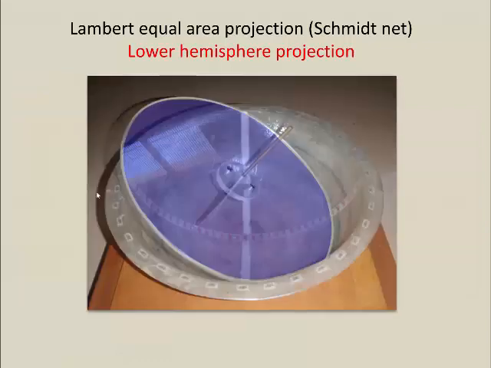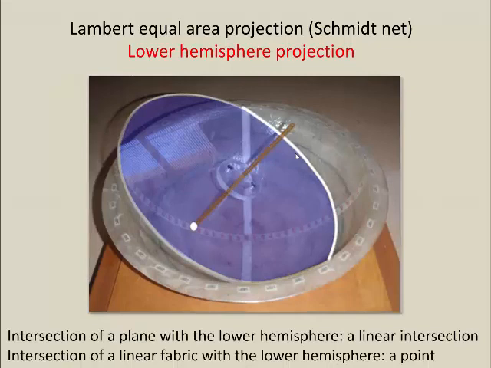So let's have a look at this purple surface. It is now oriented in a specific orientation, as there might be a stratigraphic layer in the field or a fold plane or any other plane in the geological world. And we see that this planar surface has an intersection line with the lower hemisphere, with this bowl-shaped body.